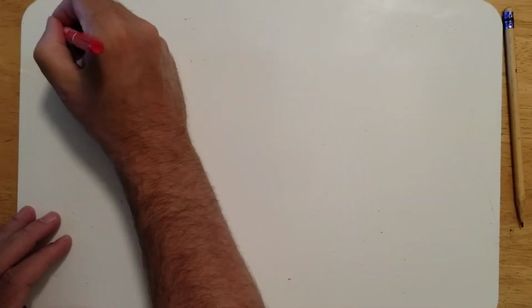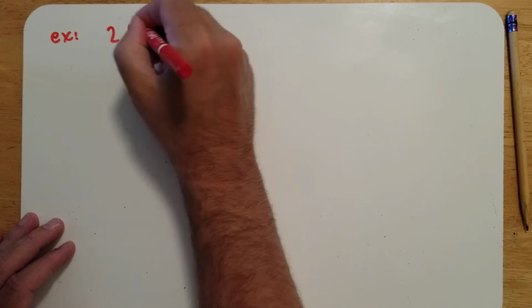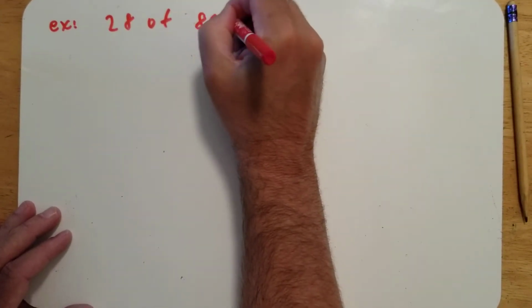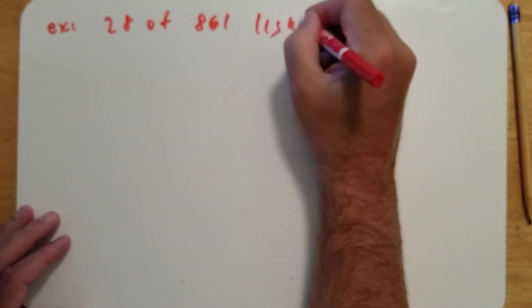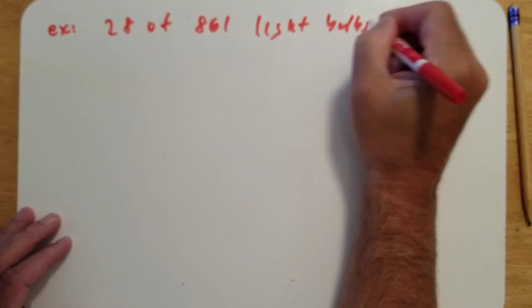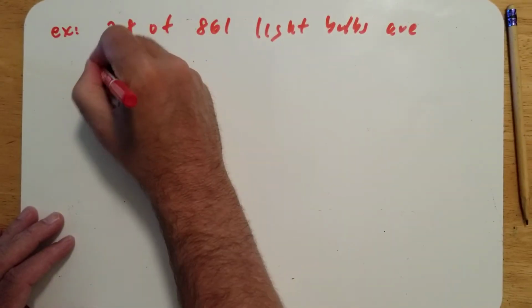One more example is in acceptance testing. So suppose, here's another example, 28 of 861 light bulbs are defective.